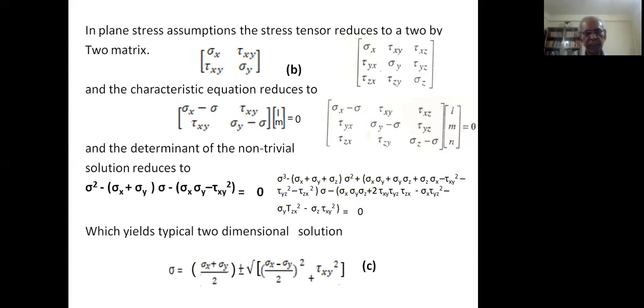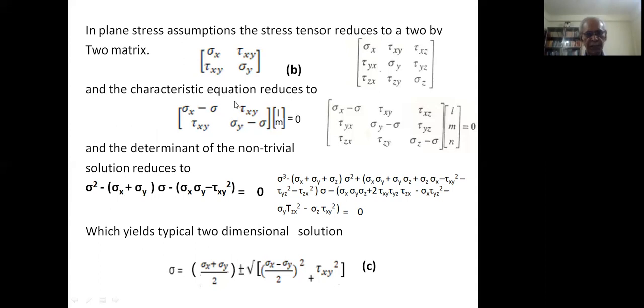It simply becomes a 2 by 2 matrix, because I have shown the three-dimensional stress matrix on the right-hand side. If you make sigma z, tau xz and tau yz zero, then you have only this part of the matrix, a 2 by 2 matrix. So things become very simple here.